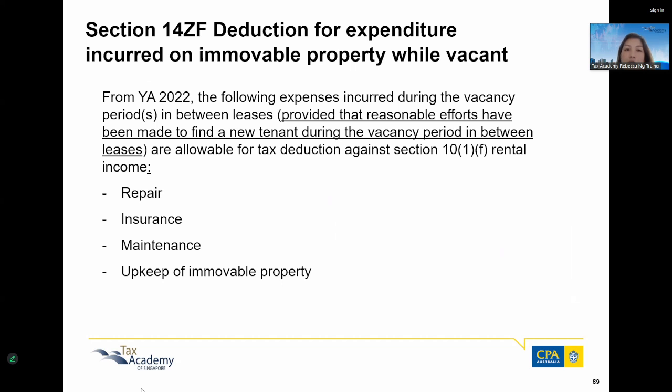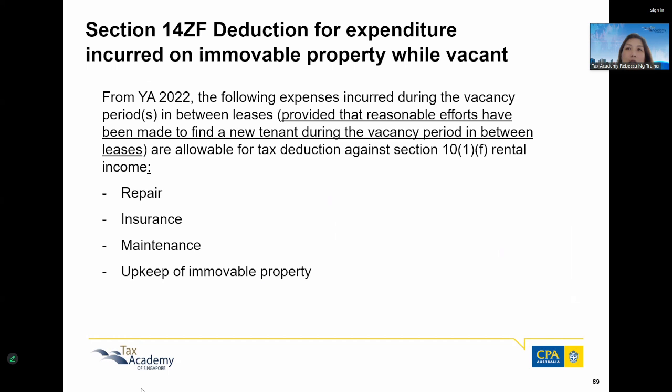So you can claim expenditure incurred on immovable property while it is vacant, because when it is vacant, there's no rental income. But you do incur expenditure like, still have to upkeep the property, like repair, insurance, maintenance, and upkeep of immovable property. Okay, these expenses can be deductible, if during this vacant period, the landlord has made a reasonable effort to find new tenant during the vacancy period, okay, in between the lease.